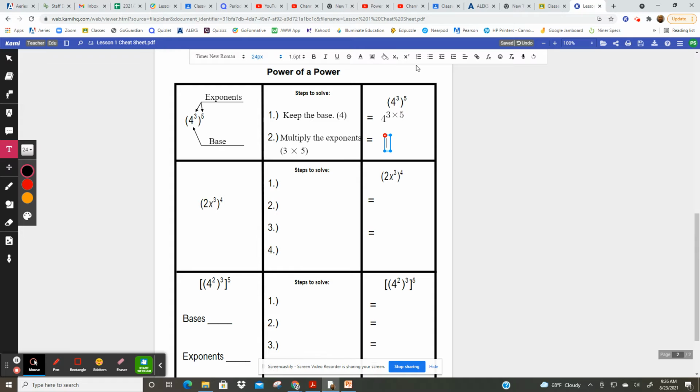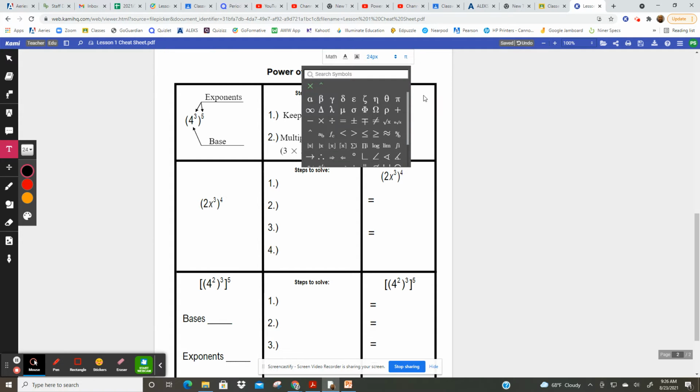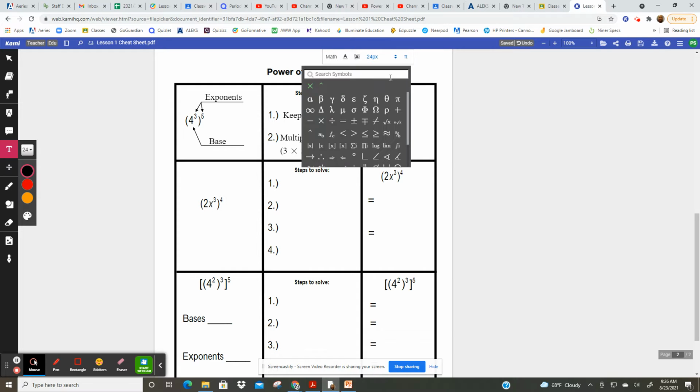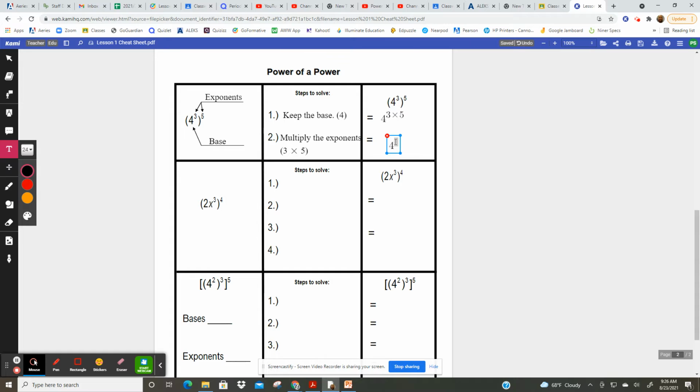Which, of course, gives me 4 raised to the 15th. There it is. So I kept the base. I've multiplied the exponents.